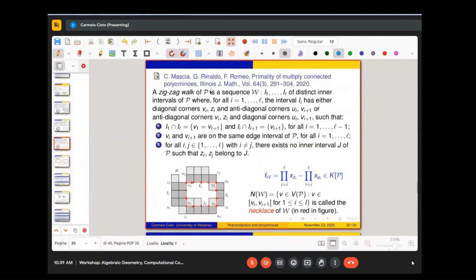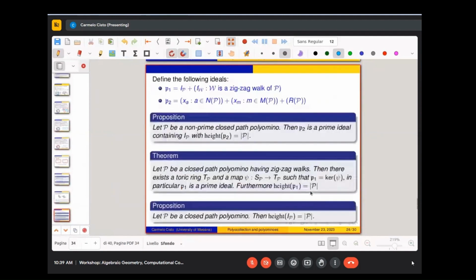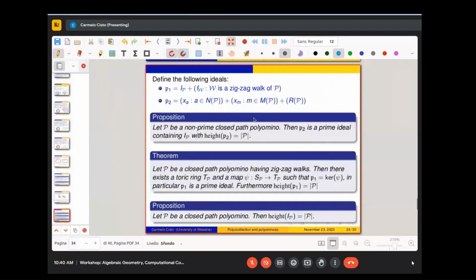The second one, P2, is the ideal generated by the variables associated to the necklace of the closed path, that is, the variables associated to the set NP, considering all these vertices, plus the binomials in the set RP.